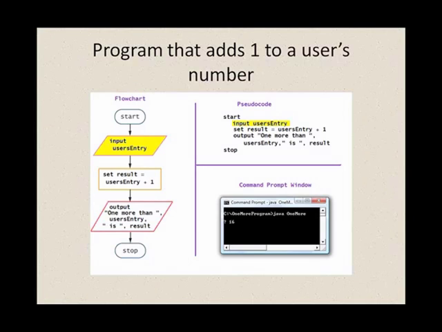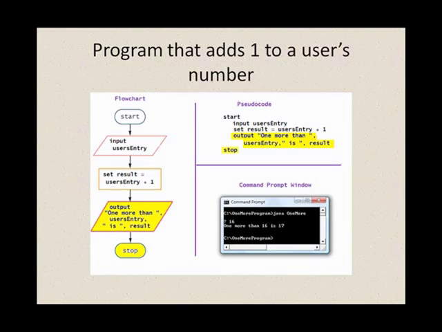Let's say 16. The next step in both the flowchart and the pseudocode sets a spot in memory called result to user's entry plus 1. Nothing happens on the screen during this step. This processing happens in the central processing unit and in memory. So result becomes 1 more than the user's entry.